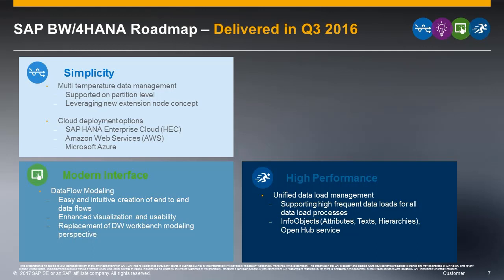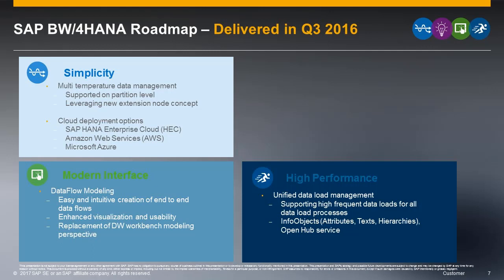From that UI, I can create info objects. I can add data store objects. I can add multi-providers. I can change things. I can do unions. So much of that admin workbench has been further enhanced from a visualization and usability perspective, and this will continue over the course of the next year. And I have some examples of that and some slides further on.